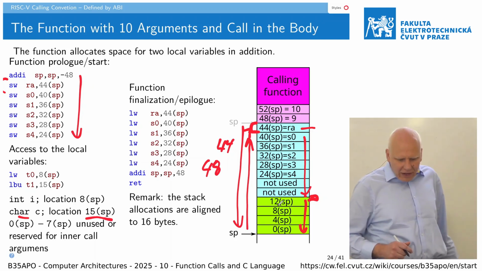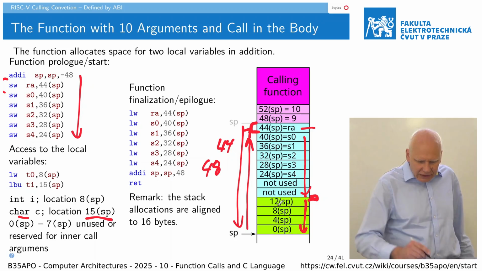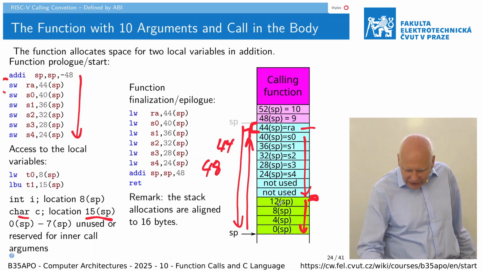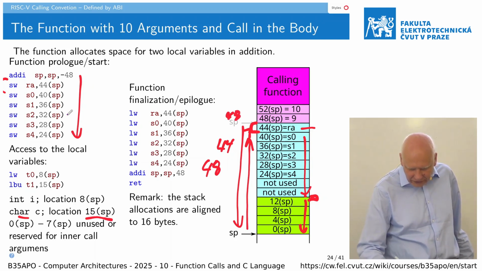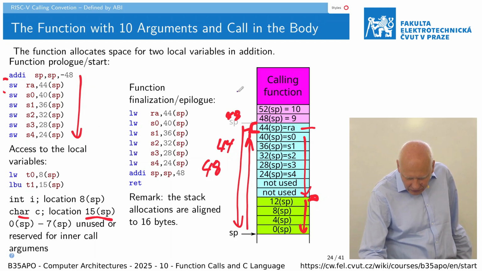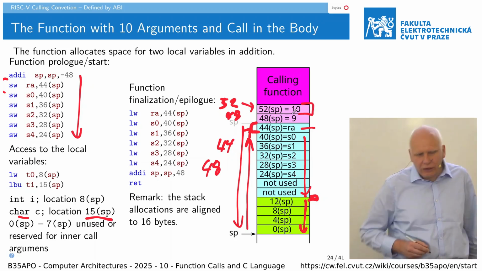And if we want to access the arguments, then we need to access them as the stack pointer plus, in this case, 48. That is argument 9, and 52 offset points to argument 10.